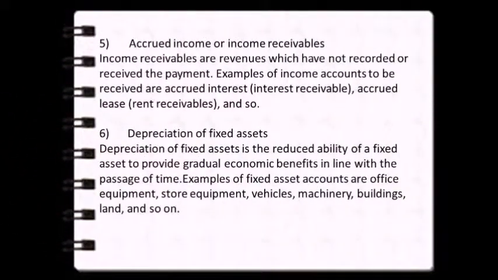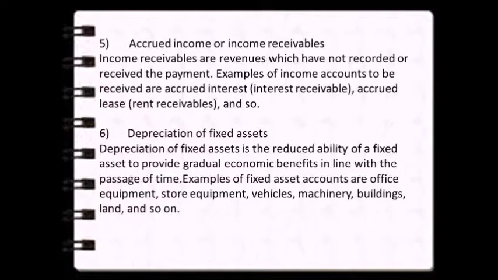Number 5, accrued income or income receivables. Income receivables are revenues which have not been recorded or received the payment. Examples of income accounts to be received are accrued interest or interest receivables, accrued lease or rent receivables, and so forth.